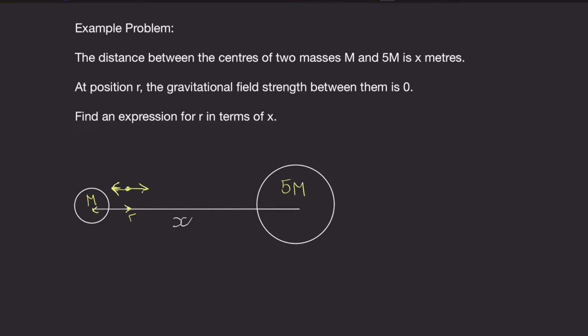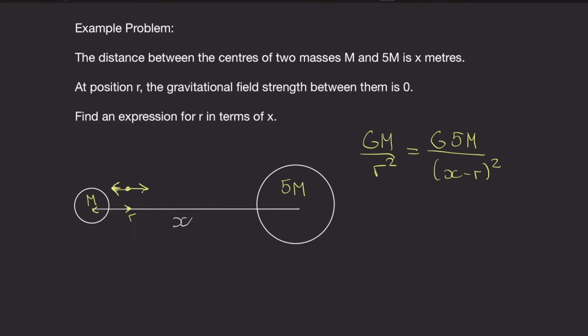Okay, so because they're going to be equal and opposite, we can say that GM over r squared, this is the gravitational field strength due to mass m, is going to have to be equal to G 5m over the distance from this center to r, which is just going to be equal to (x minus r) squared.